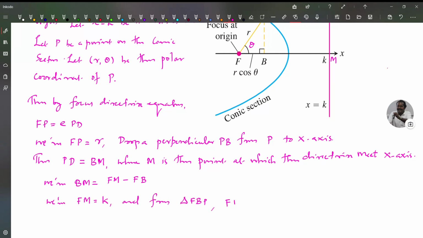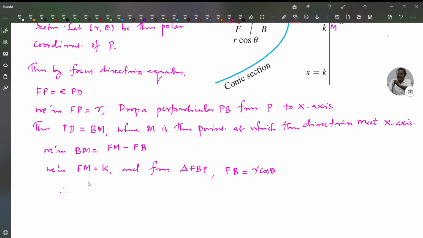From triangle FBP, FB is equal to r cos theta. Therefore BM is equal to k minus r cos theta. That is PD, equal to BM, equal to k minus r cos theta.